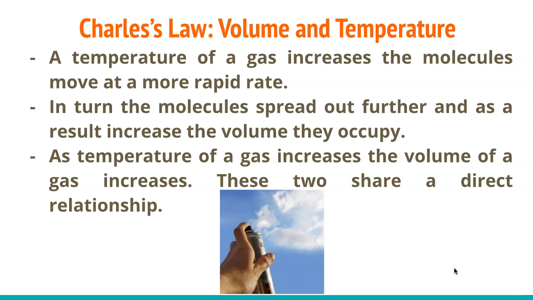As a result, they must increase the volume that they are going to occupy as they continue to spread out. So if the temperature of a gas increases, then the volume of a gas must also increase. We would call this a direct relationship, which is different than the pressure-volume relationship because that was inverse. As one went up, the other went down. Now, when we're dealing with volume and temperature, both would go up or both would go down as one changes.